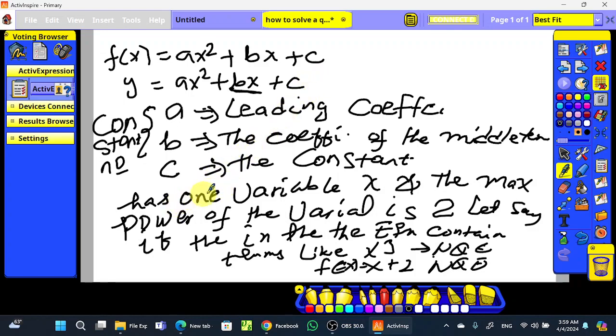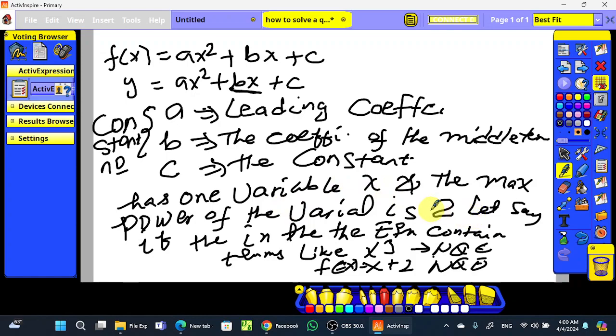You should also remember the properties of a quadratic function. It has only one variable, that's x or y or whatever. And the maximum power, which is this right here, is 2, and the lowest also is 2.